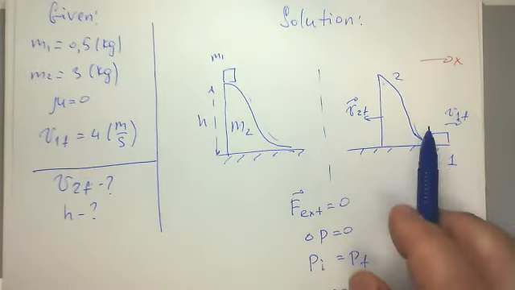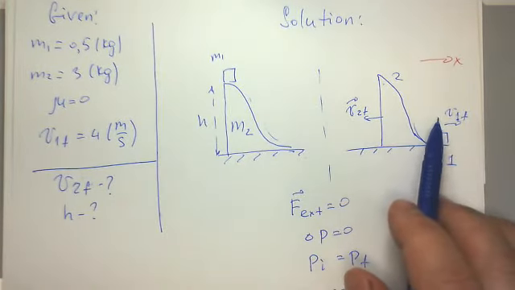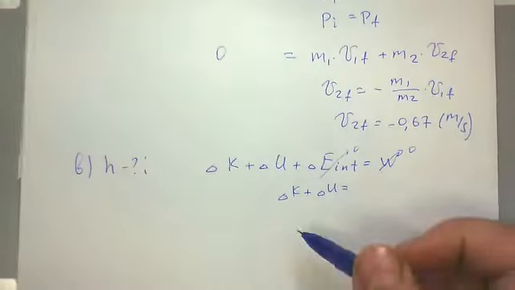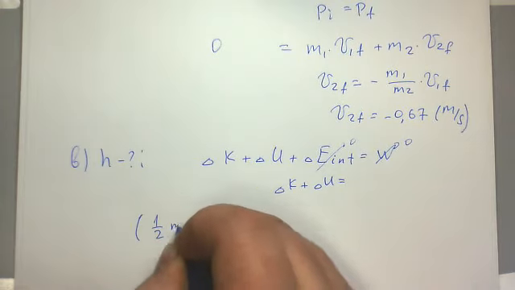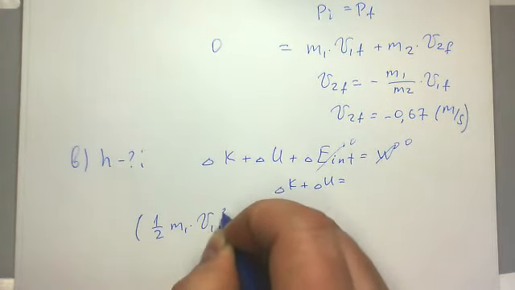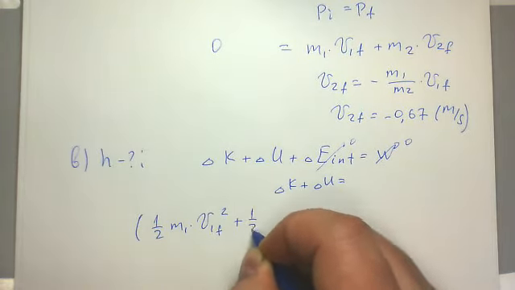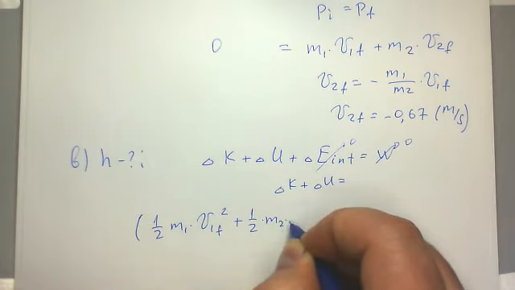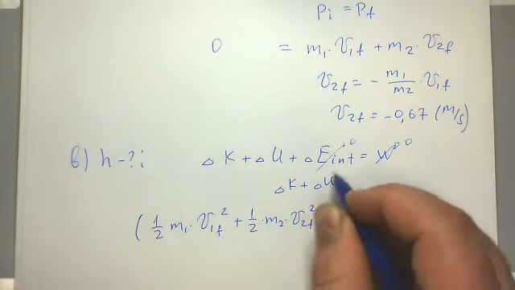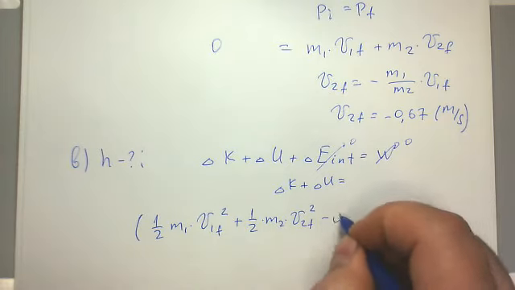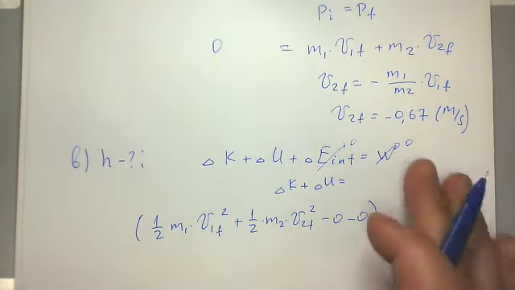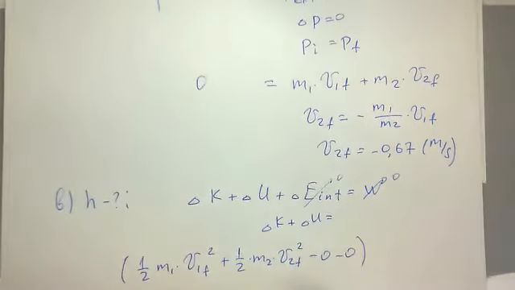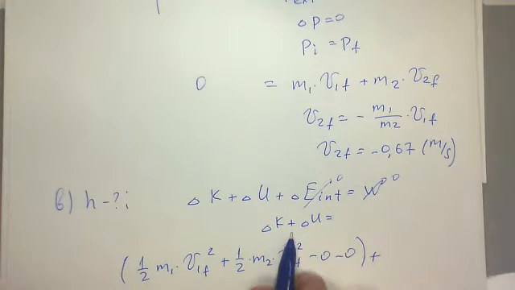The final kinetic energy is 1 over 2 M1 V1 final squared, plus 1 over 2 M2 V2 final squared, which we just found, minus the initial kinetic energy of both objects. They both had 0 kinetic energy at the beginning. And we need to add the change of potential energy.